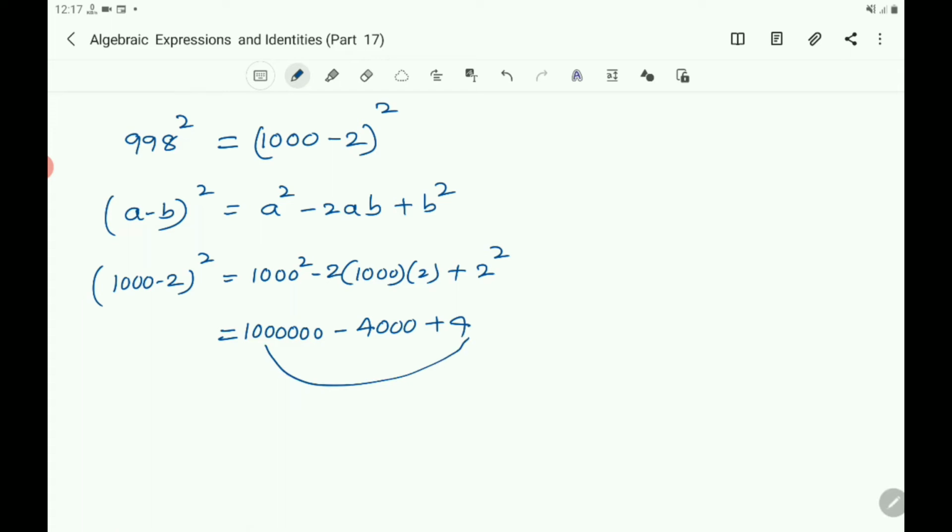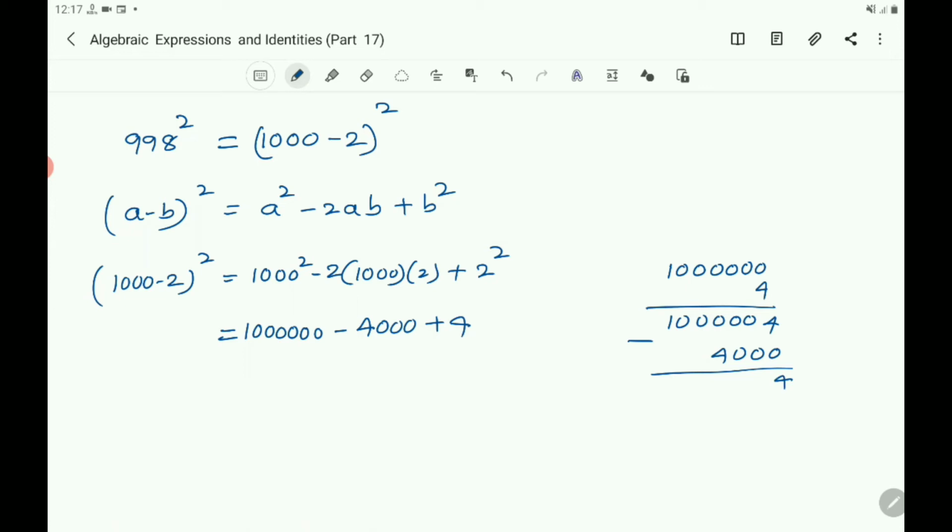Now you add these two as they have the same positive sign: 10 lakh plus 4 gives 10 lakh 4. Minus 4000: 4 minus 0 is 4, 0, 0, 10 minus 4 is 6, 9, 9. So you got 9,96,004.